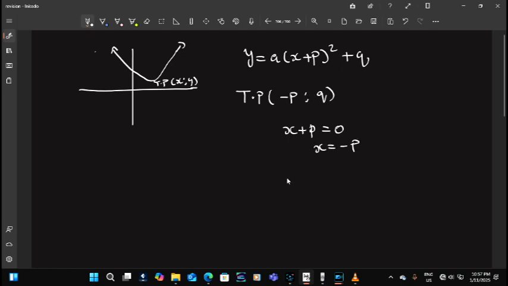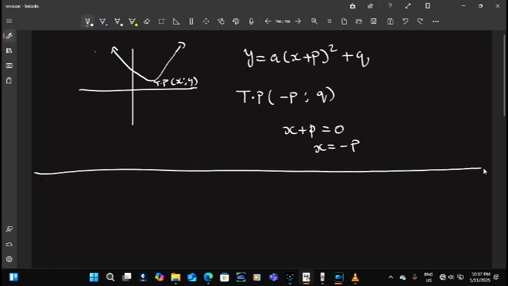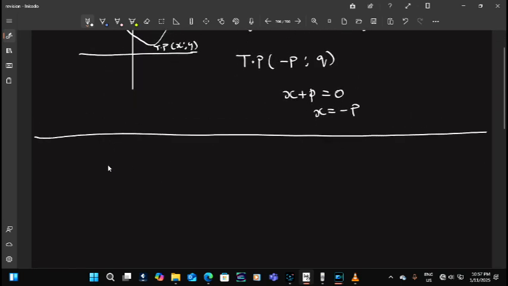Another way in which you can find the turning point is this. You can say x is equal to minus b over 2a. So x is equal to minus b over 2a. It will give us the x value of the turning point.